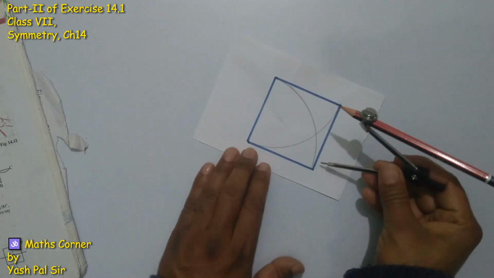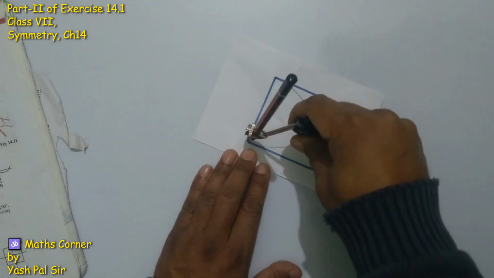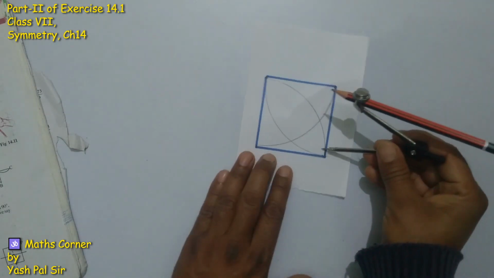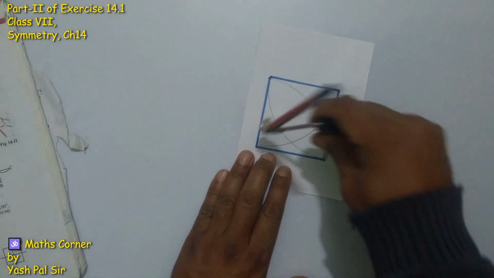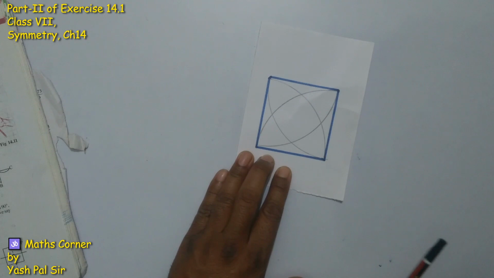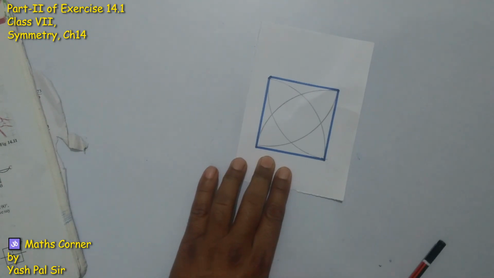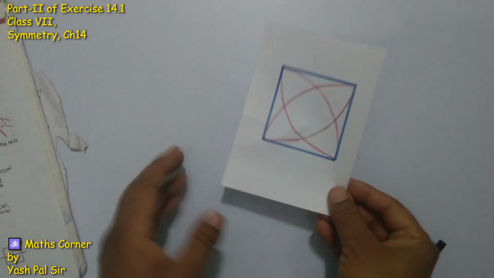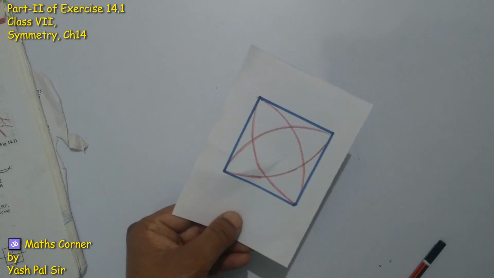From the third, from fourth one, right? So this is the diagram. Now we have to find the number of lines of symmetry of this diagram.